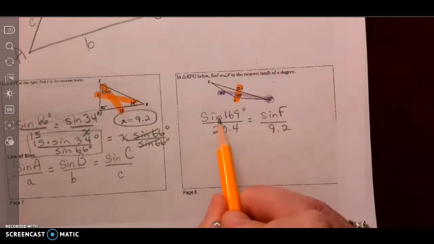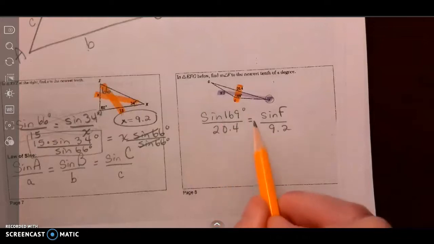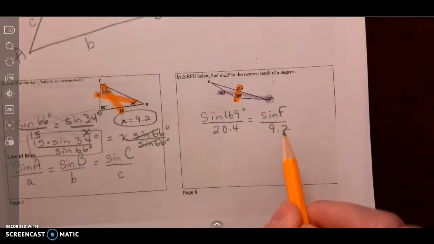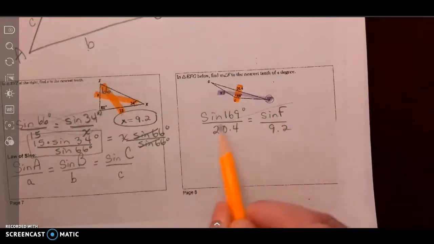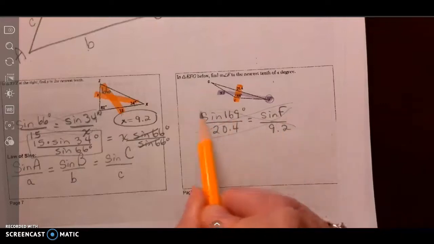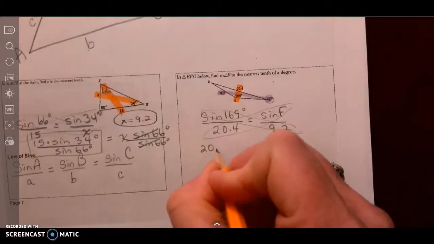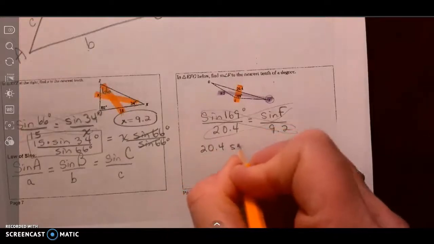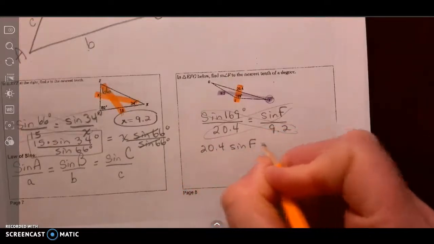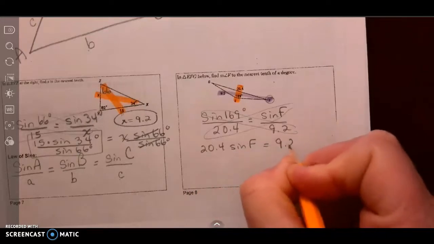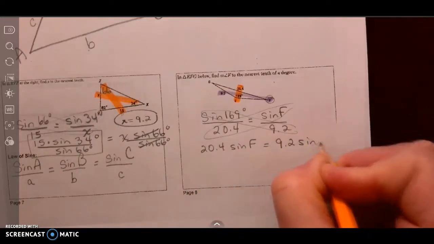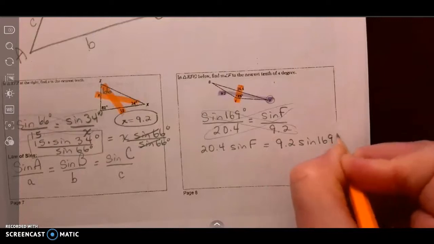It's always the sine of the angle divided by the side equals the sine of the angle divided by the side. Then I'm going to cross multiply, and I get 20.4 times the sine of F equals 9.2 times the sine of 169.